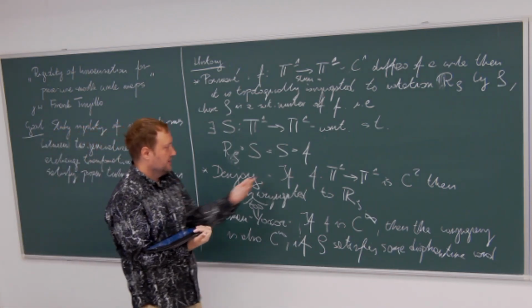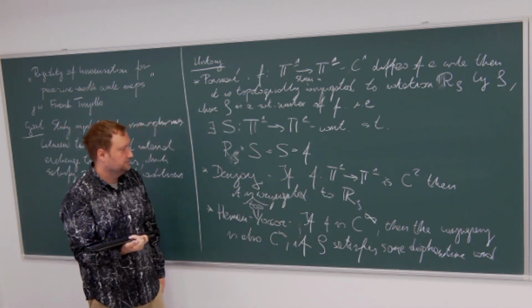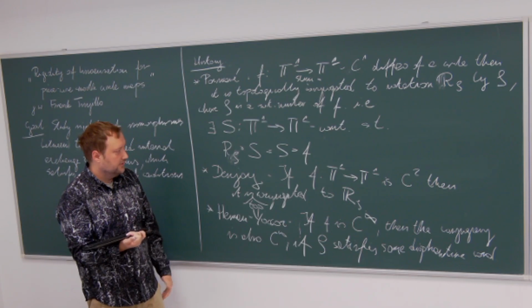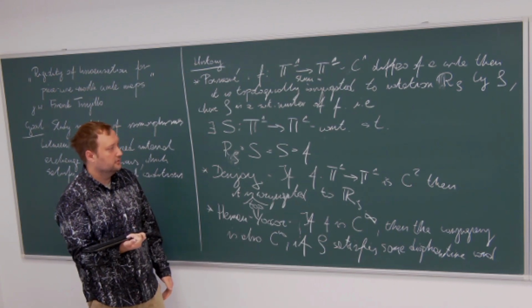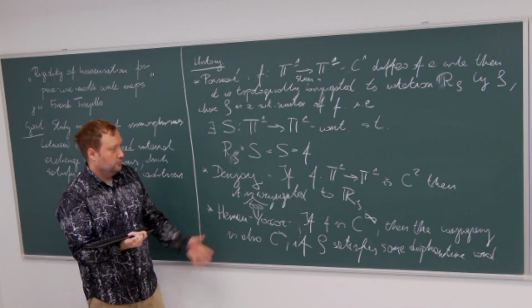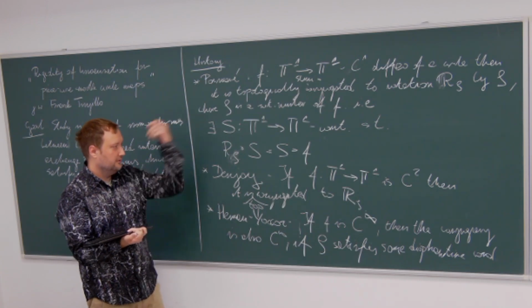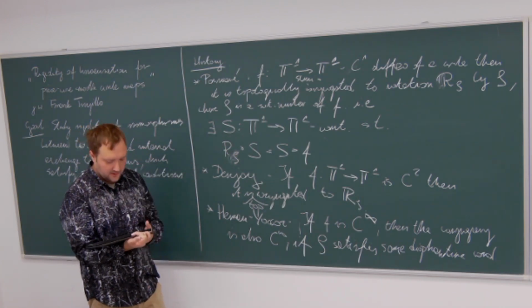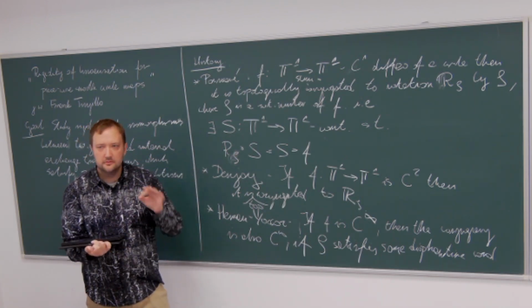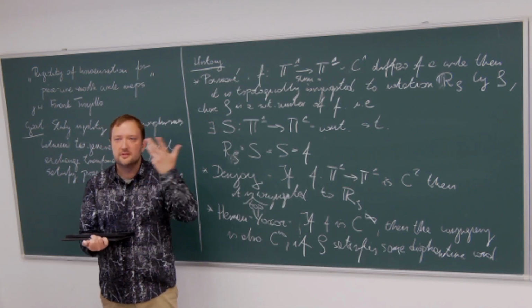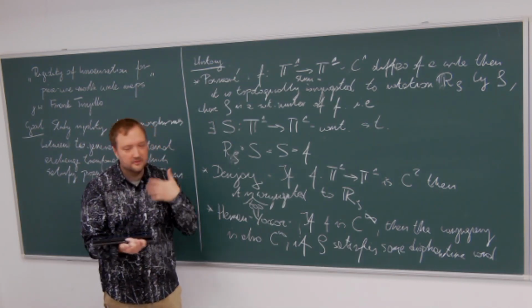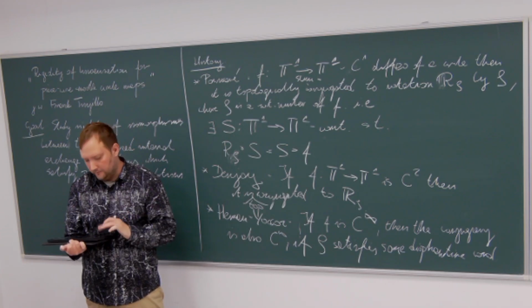So okay. In the case of circle diffeos, this is exactly done like that. So we just conjugate everything to a rotation, and then we compose the conjugacies. But what if we want to consider a more general class of maps?